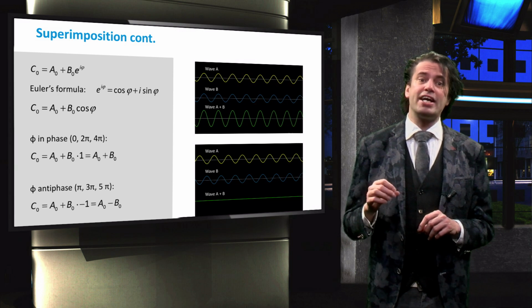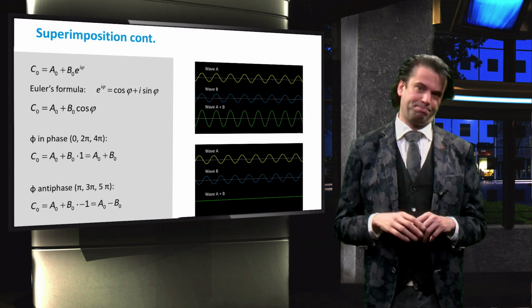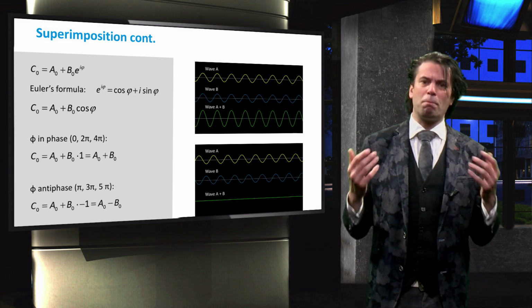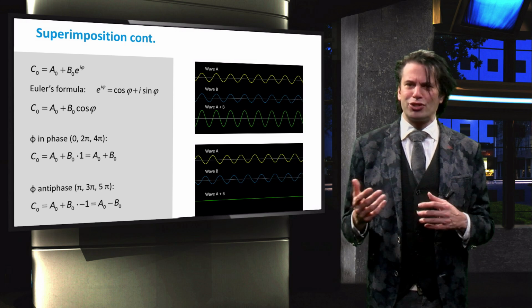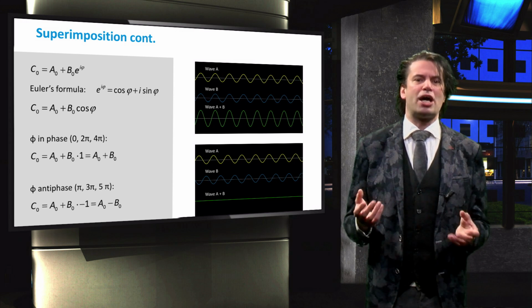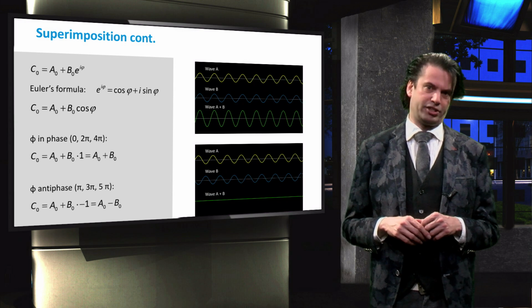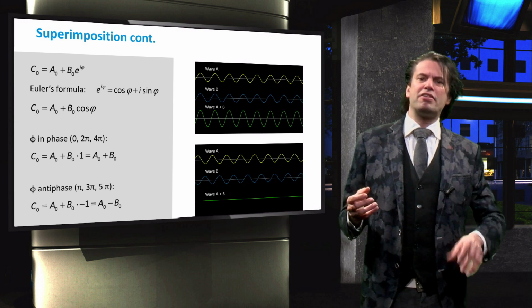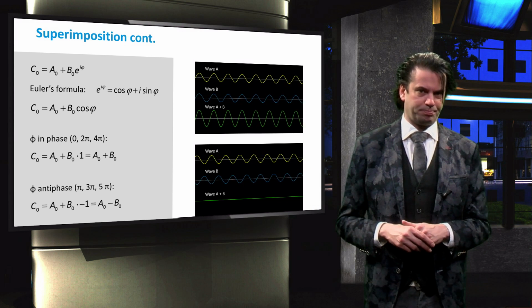This occurs when phi is an uneven number multiple of pi. The waves then exhibit complete destructive interference. By cleverly designing solar cells, we can use the concepts of constructive and destructive interference to our advantage. Exactly how interference is used in solar cells will be discussed in the next video.